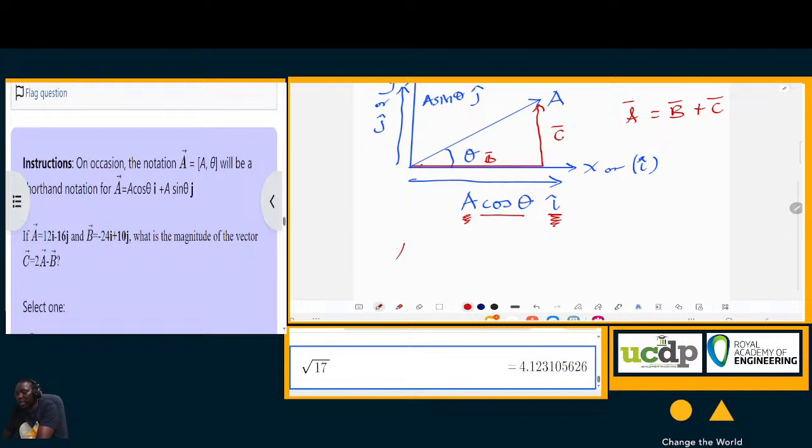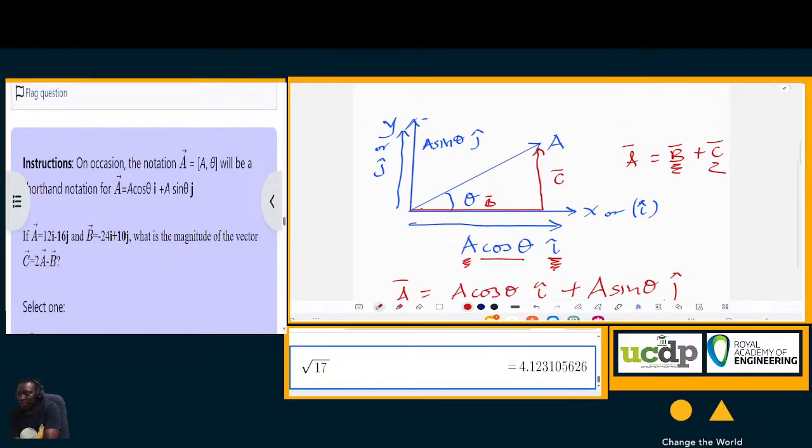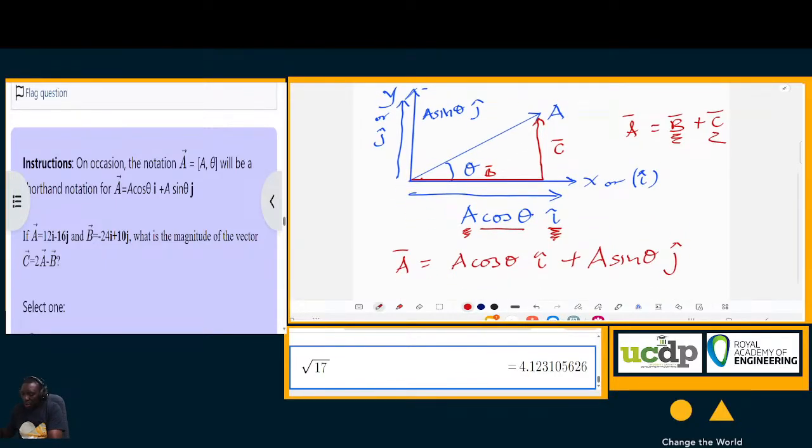So vector A is equal to the magnitude A cos theta in the i direction, plus C, whose component is still A sine theta, the magnitude of the vector in that direction. But which direction? j. So that's just a thing of notation that we are being presented here for our vectors. It's no rocket science.